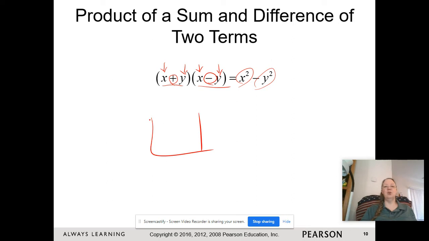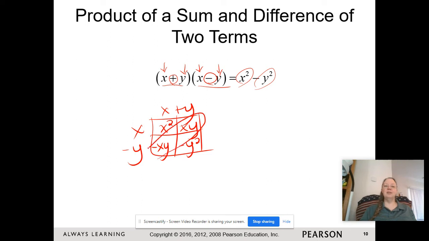Let's show why with x plus y, x minus y. It doesn't matter what the x and the y are. It happens every time in this situation.